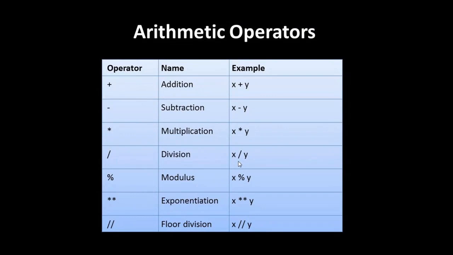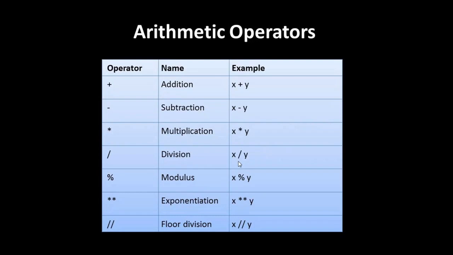For example, if x is 5 and y is 2, then 5 modulus 2 is 1. That is what modulus is about. Exponentiation is basically the power. Suppose x is 2 and y is 3, then x double star y is nothing but 2 to the power of 3, that will be 8.